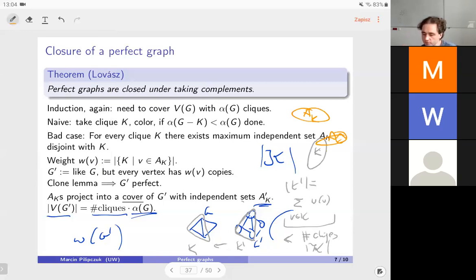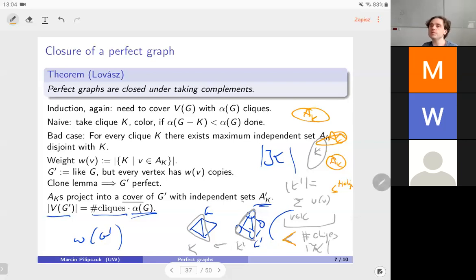So we have got that this is smaller than the number of cliques, because every AK can contribute only one to the weight of the one vertex of the clique. But for this particular clique, there's one maximum independent set that's completely disjoint, because that was the definition of the AK. So all of them contribute at most one, and this one contributes 0. So it's actually strictly smaller.